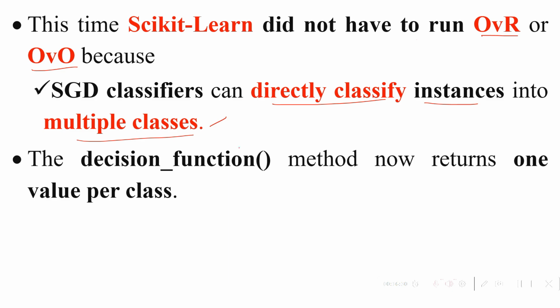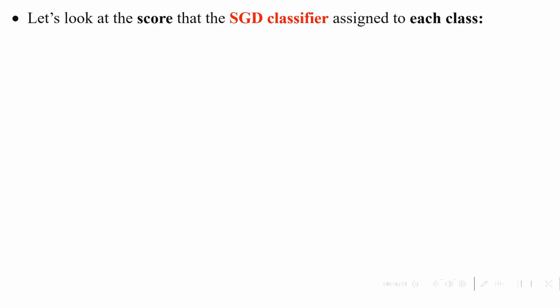So the decision_function method now returns one value for each class. Here we are going to use the scores assigned by the stochastic gradient classifier.